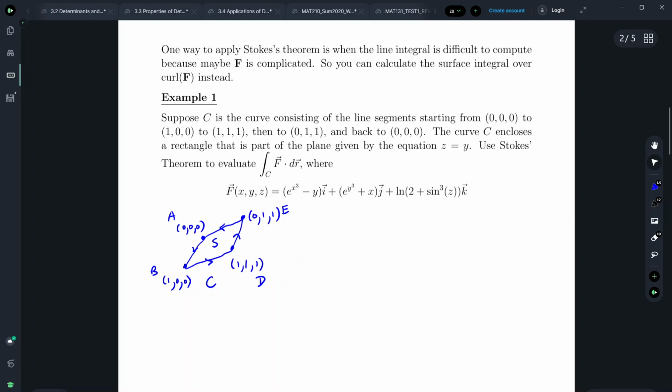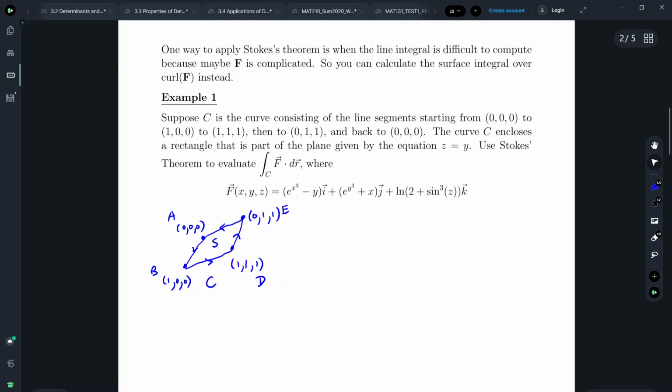Okay, so let's take a look at example 1 of Stokes' theorem. In this situation, we're given a line integral to compute, except the line integral itself is fairly complicated to calculate. First of all, because the vector field is pretty complicated, and also because the curve C consists of 4 line segments.